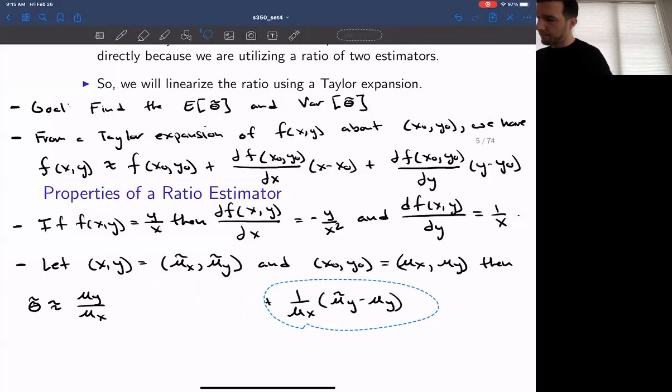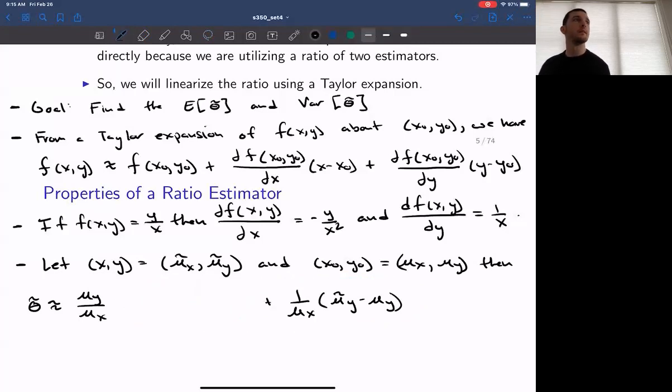This is our dy. And then we need the negative term. So this would be minus mu y over mu x squared times mu tilde x minus mu x.